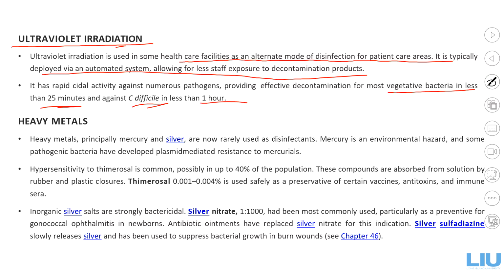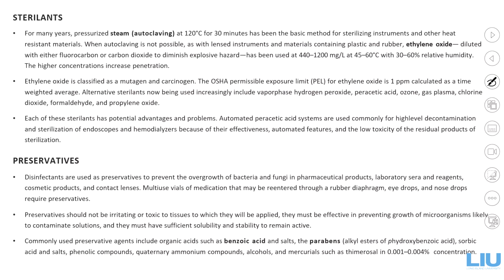And then we also have heavy metals such as silver, silver nitrate, silver sulfadiazine, which we talked about already at different concentrations. And then we have the sterilants such as steam at high temperatures for 30 minutes.